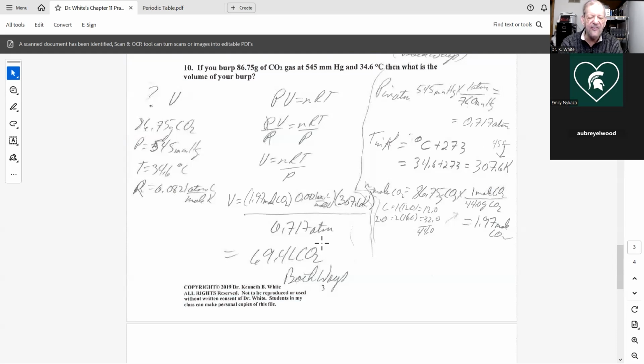No, you have to convert it to atmospheres. And for this problem, and I just picked a wild number of 86.75 grams, you'd have 69.4 liters of CO2 when you burp. Your lungs aren't that big. That would be almost the size of 70 2-liter bottles of gas. Nope, your lungs aren't that big. That'd be one hell of a burp.